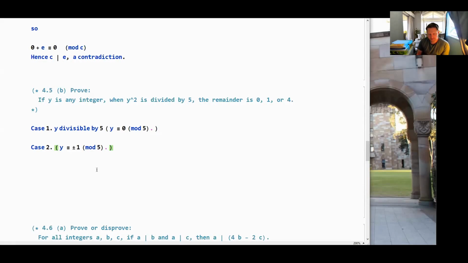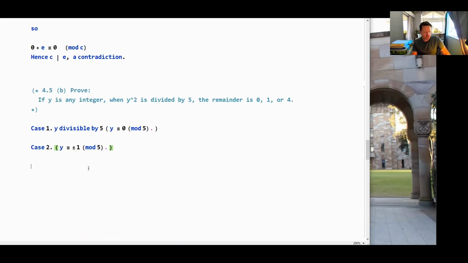Sanchit? Yep, okay, good. Now, case 3, and there's only one more case if we're including plus and minuses here. Case 3 is y congruent to plus or minus 2 mod 5. And now let's just note that we have all the cases, all right?